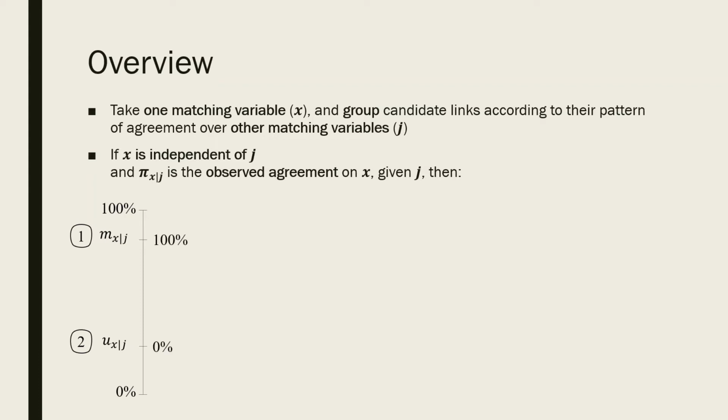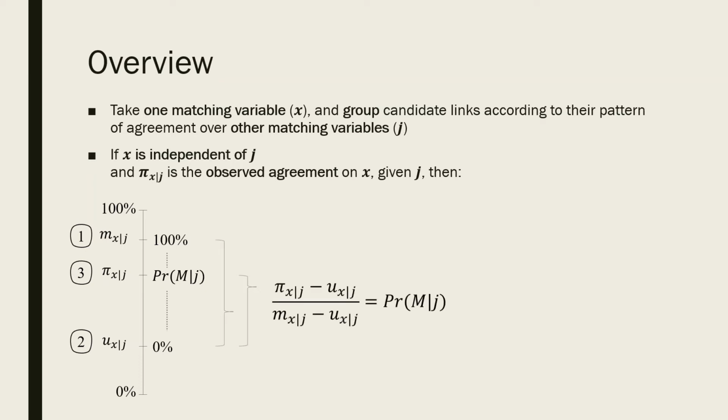So those provide our limits of 0% and 100%. And the level of agreement that we observe on our one independent matching variable is our match probability. So in plain English, the more the records in that group look like matches, the higher the match probability, and the more they look like non-matches, the lower the match probability.